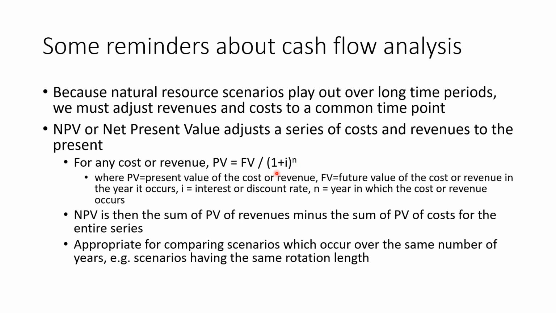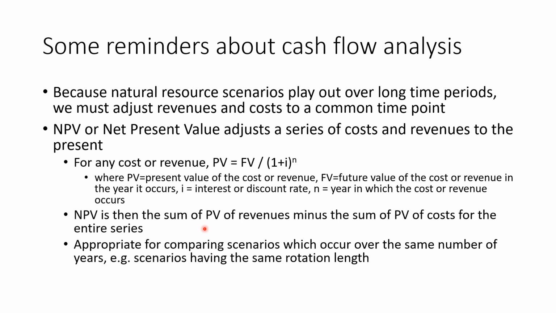And then raise that to n, which is how many years in the future. So in the case that I mentioned, that would be 10 years in the future. And that would adjust that future revenue or cost to the present. So it puts them all on the same footing.